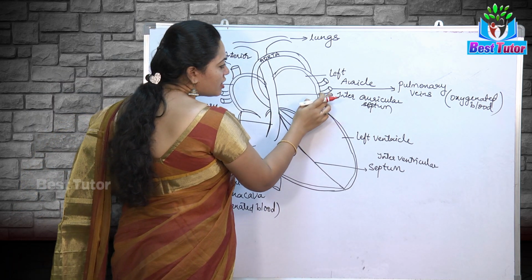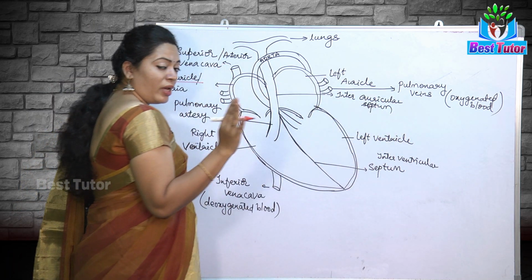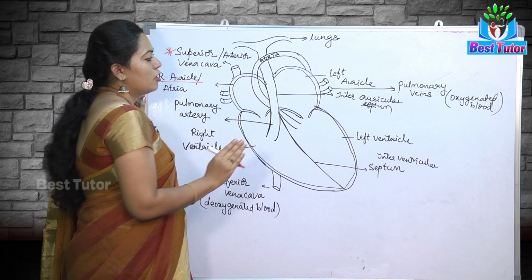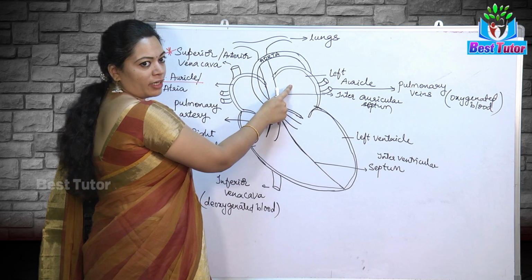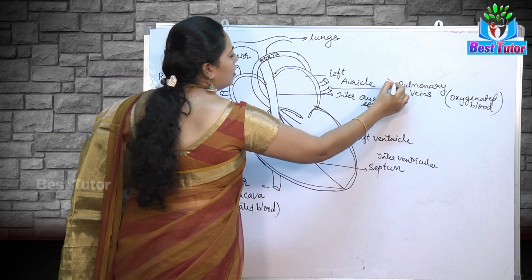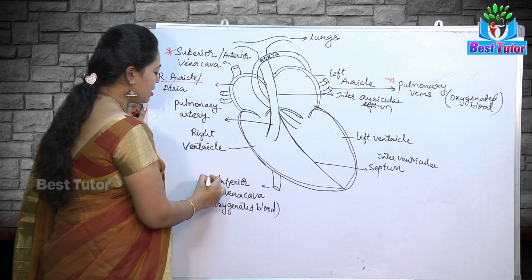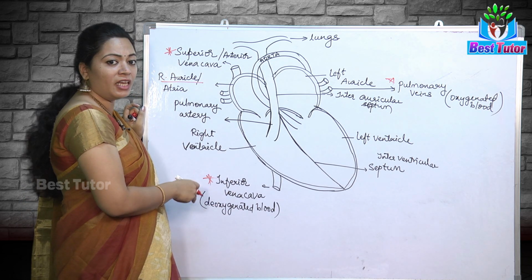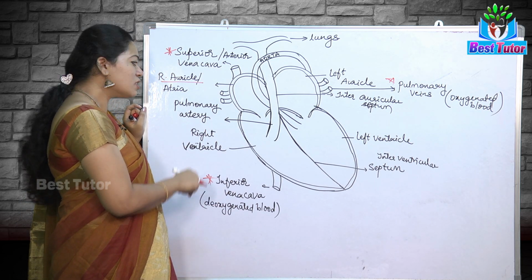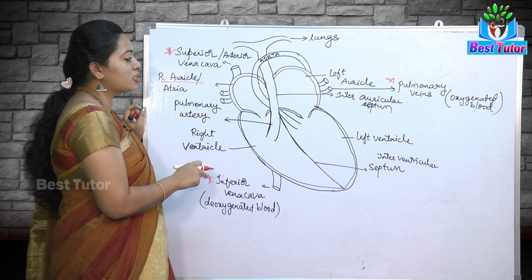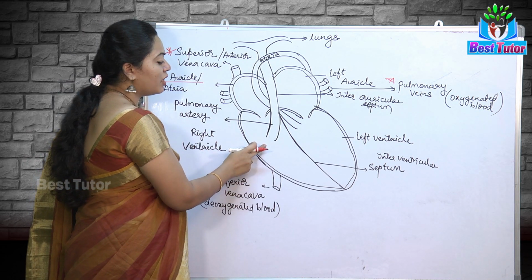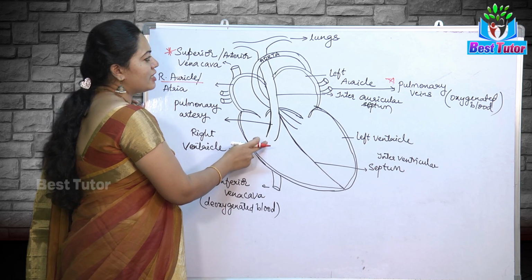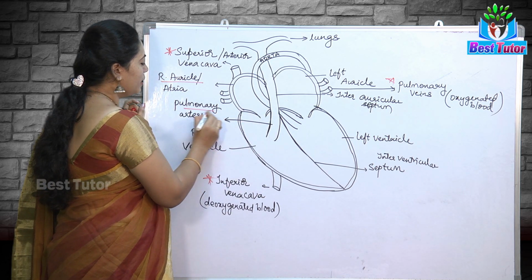Then we also have observed 4 pulmonary veins which are coming from the lungs towards the heart, pouring blood into the left auricle. So these red marked blood vessels are the ones which are entering the heart. And we also discussed the blood vessels which are leaving the heart. One, from the right ventricle, is the pulmonary artery.